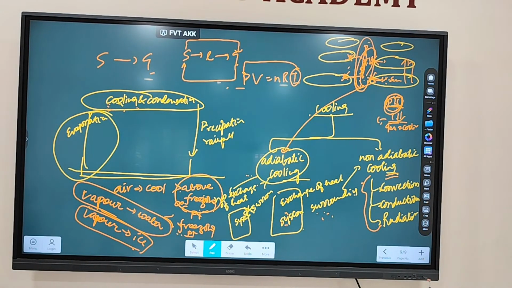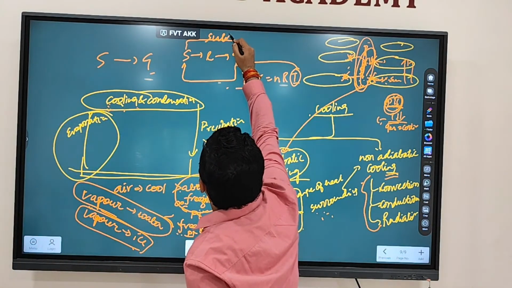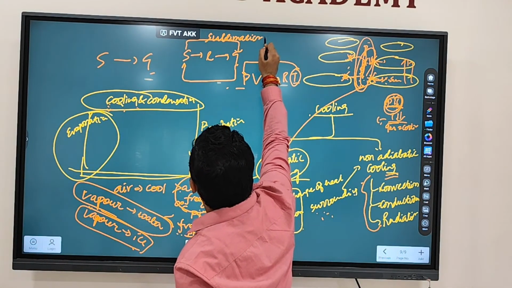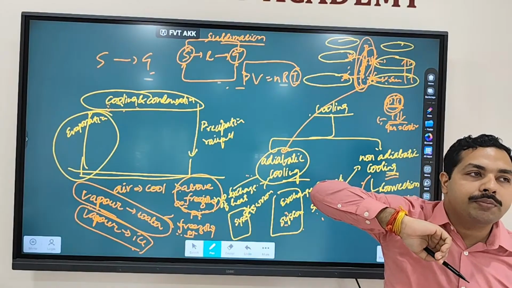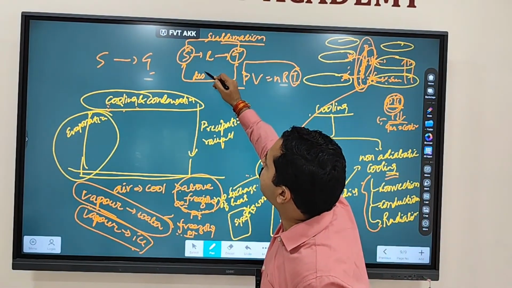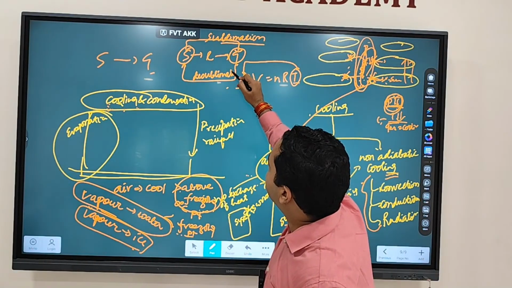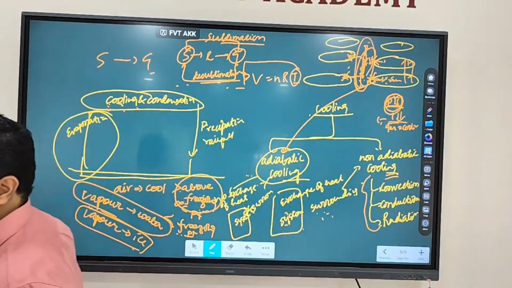Ice you convert into water, and water converts into vapor. But if you convert ice directly into gas, this process is referred to as sublimation. When solid is directly converting into gaseous, it is considered sublimation. When gas is directly converting into solid, it is referred to as desublimation.